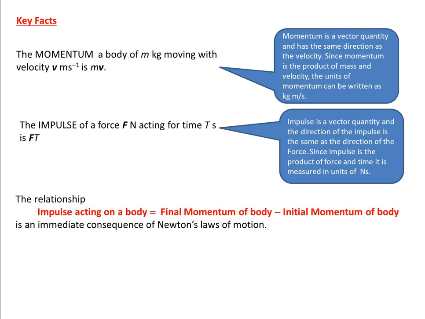And we have the important relationship that the impulse acting on a body is equal to the change in momentum of the body. In other words, the final momentum of the body minus the initial momentum of the body. And that is an immediate consequence of Newton's laws of motion.